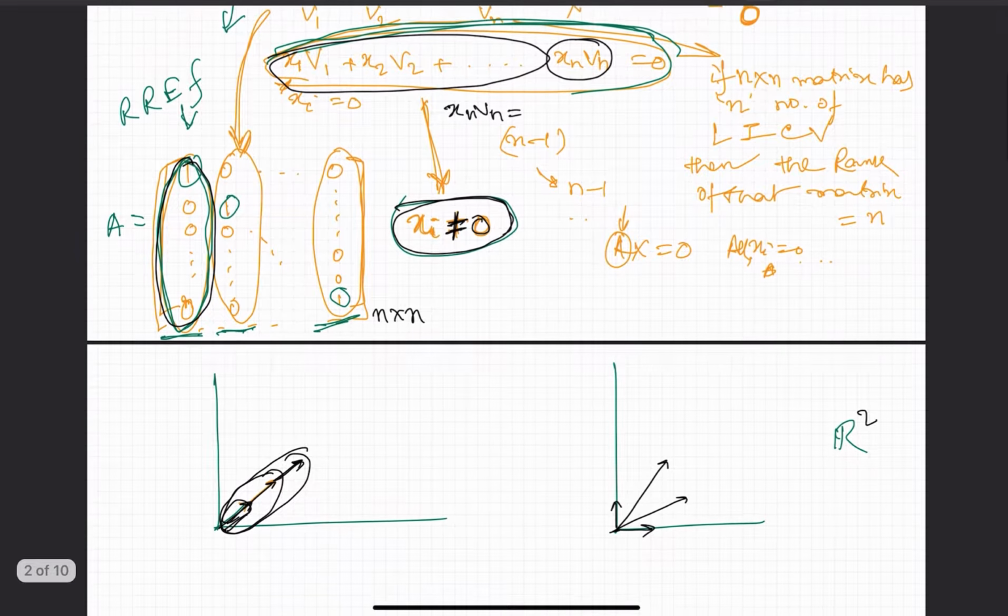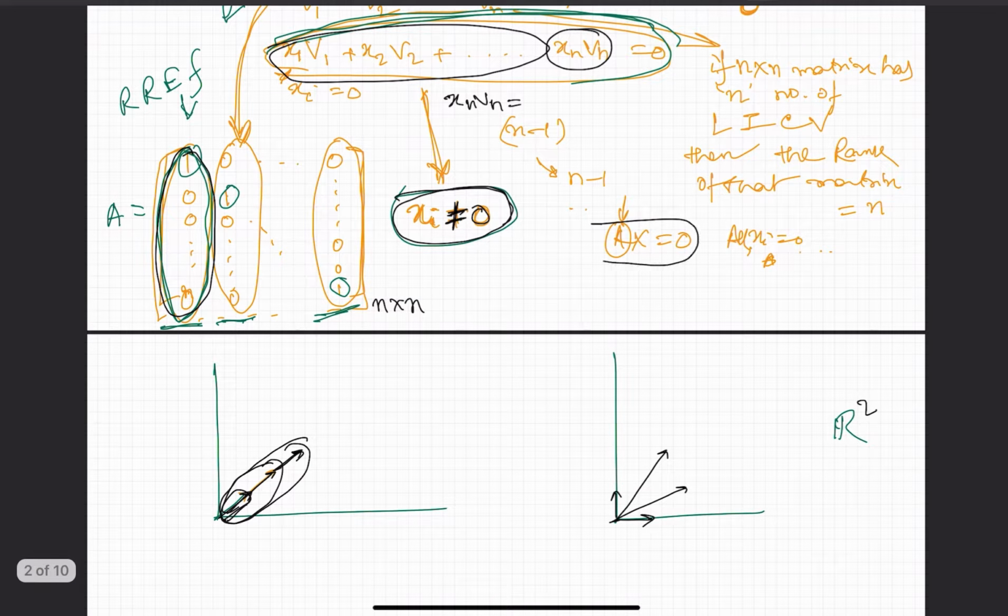So in case of this homogeneous equation, for the column vectors of matrix A to be linearly independent, there will be only one solution of x, that is x1, x2 up to xn would all be 0.